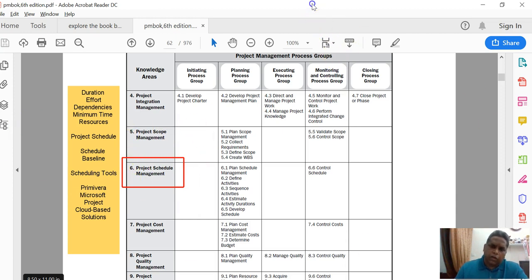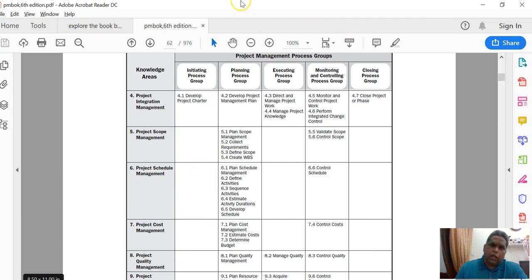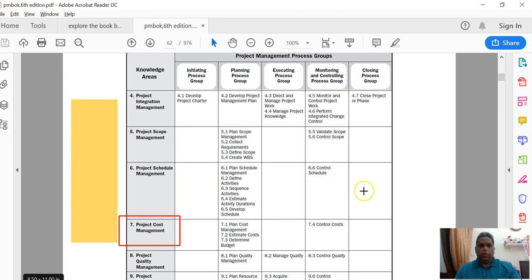The next area of knowledge that we're going to look at is the area of knowledge called cost management. Now, it's not good enough that we merely know the scope and time of the project. We also need to know the aspects of cost on the project. Now, in the world of managing projects, they consider scope plus schedule plus cost to be triple constraints.